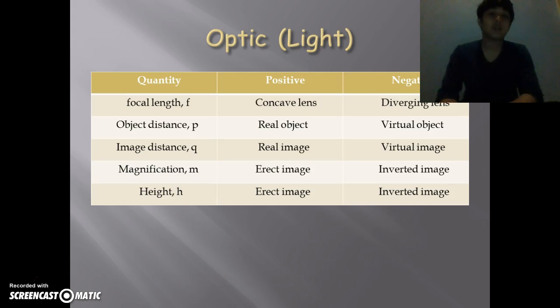In this table, you can see we have three different categories, which are quantity, positive, and negative. For the focal length, the positive is for convex lenses, while the negative is for diverging lenses. This is because a convex lens actually converges, while diverging is for concave. For object distance, the positive is a real object, while the negative is a virtual object.